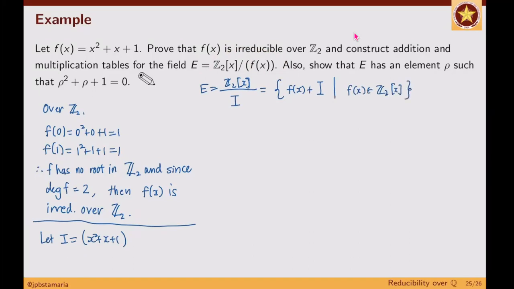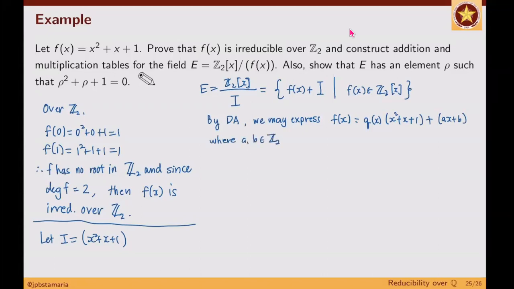But by division algorithm, do you remember? We can divide f of x by x squared plus x plus 1. Magkakaroon ka ng quotient, magkakaroon ka ng remainder. Ang remainder mo, ang degree, 1 pababa. Kaya dapat ang remainder mo ang itsura ax plus b, where a and b are elements of Z sub 2.